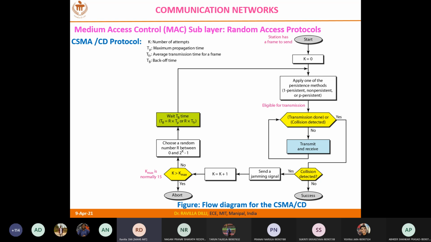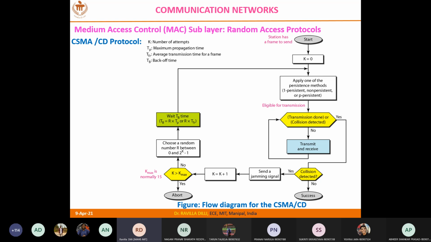If there is no collision, then your frame is successful and you can go for the next frame transmission, as simple as that. But unfortunately, if your frame collides with other frames, then you should immediately stop your frame transmission, send a jamming signal to other stations, and repeat the attempt. You go for the next attempt by following the backoff strategy.